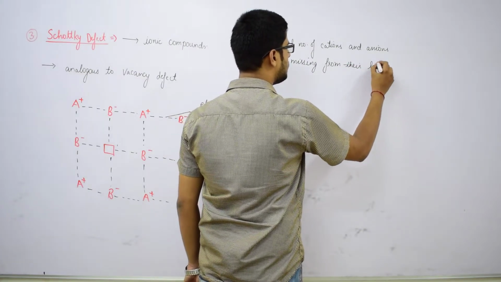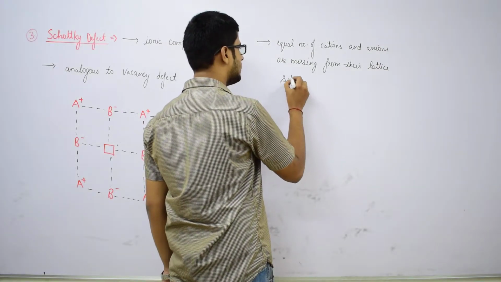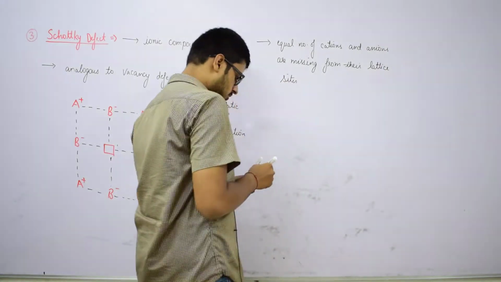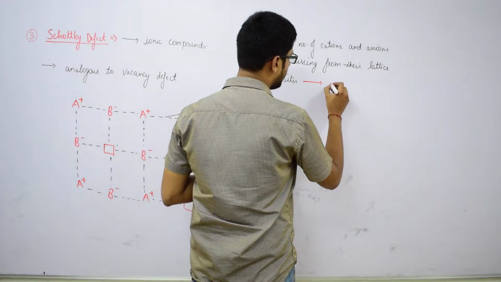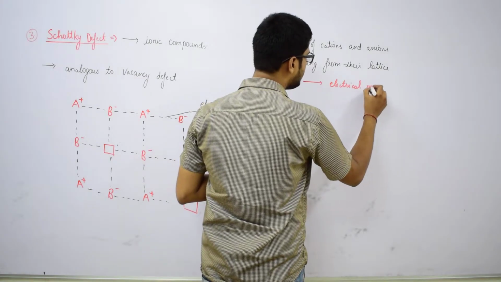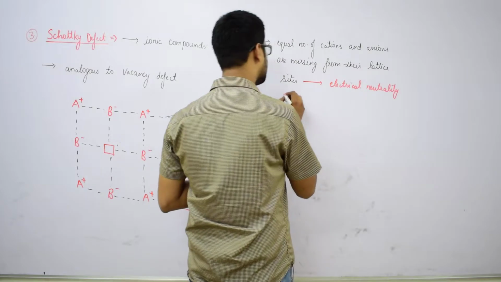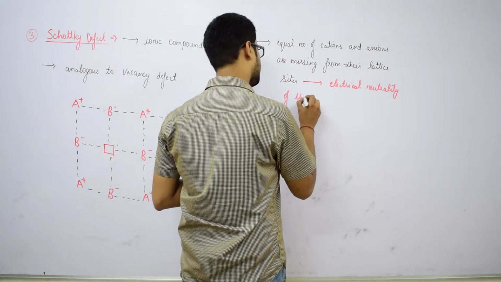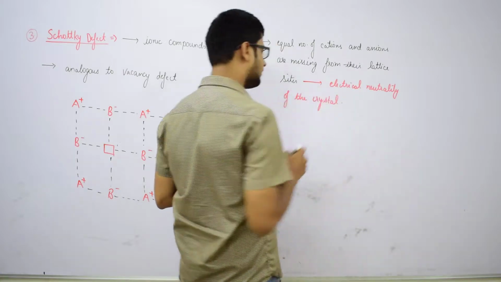So, equal number of cation and anion are missing from their lattice sites, to maintain electrical neutrality of the crystal.